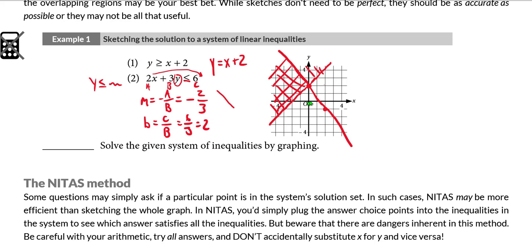So once again, I can see that my solution set is this westerly portion of the xy plane. All of the points in this region here where the two inequalities in my system overlap, that is going to be the area of solution. That is going to be the area that contains all of the points that will satisfy both of the inequalities in my system.